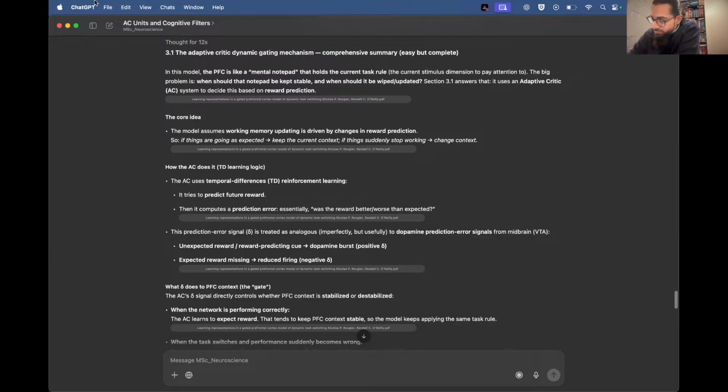In this model, the PFC is like a mental notepad that holds the current task rule, the current stimulus dimension to pay attention to. The big problem is when should the notepad be kept stable and when should it be wiped or updated. Section 3: the adaptive critic system decides.